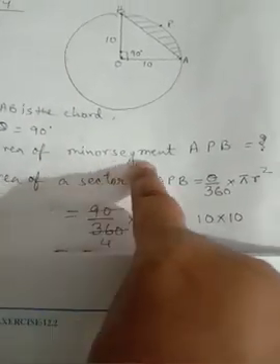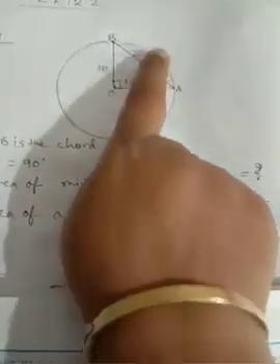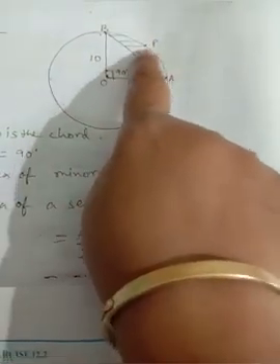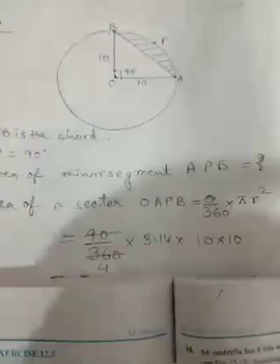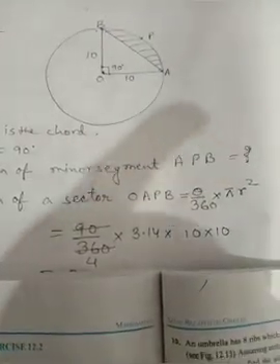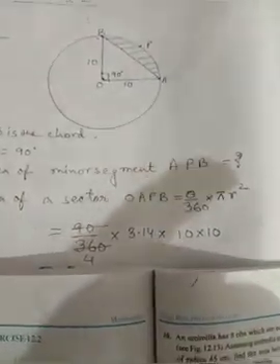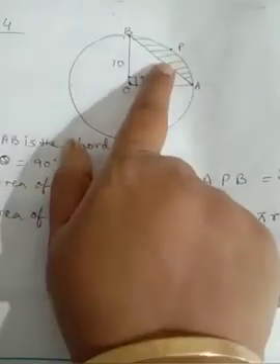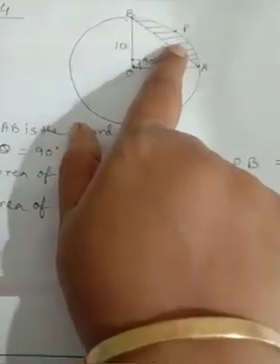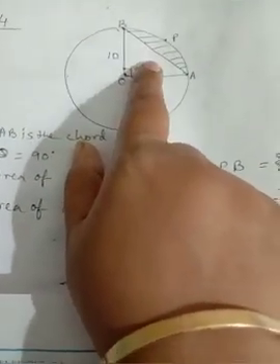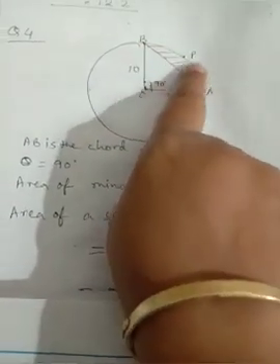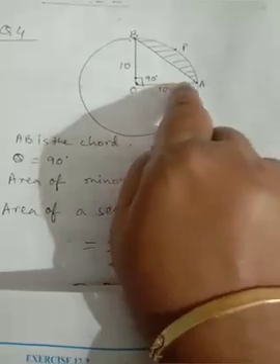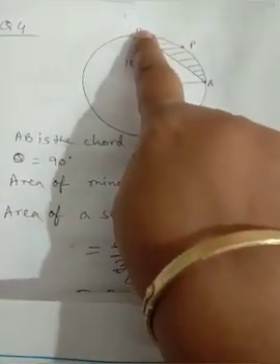So area of the minor segment APB, the shaded area. Look at this shaded area APB. This is the minor segment, and you have to find out the area of this particular minor segment. So how will you find it out? First you have to take out the area of the sector OAPB.